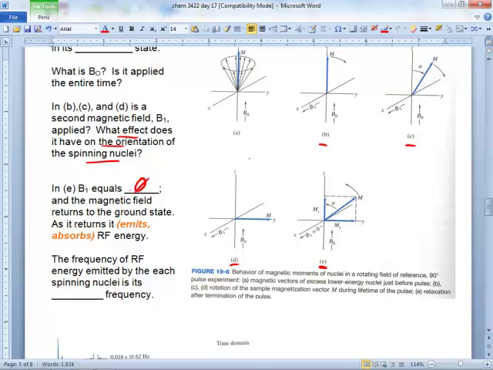It's at a higher energy, so it can only emit. And what type of energy does it emit? Radio waves, right? The frequency of the RF energy emitted by each spinning nuclei is its, what do we call it? Frequency? Well, precession frequency, but we gave it a name, Larmor, right?